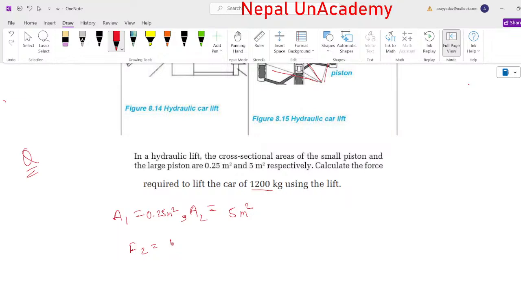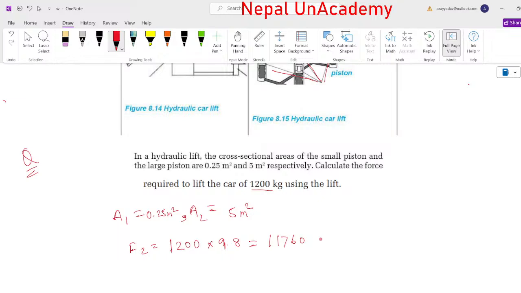The minimum force used to lift is its weight. So it is 1200 kg into g. g is 9.8 meter per second square, acceleration due to gravity. So it will become how much?